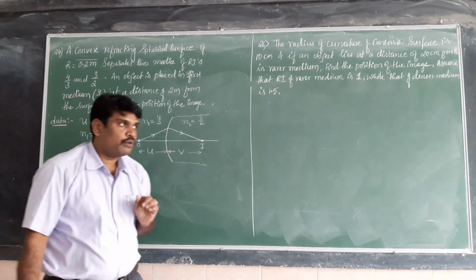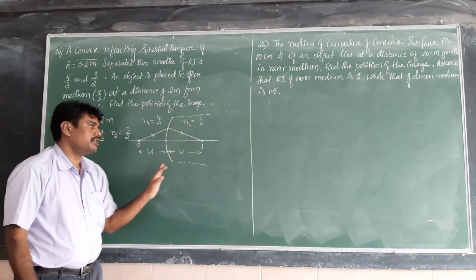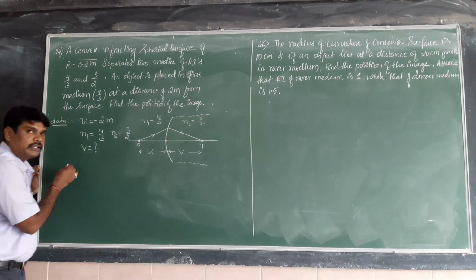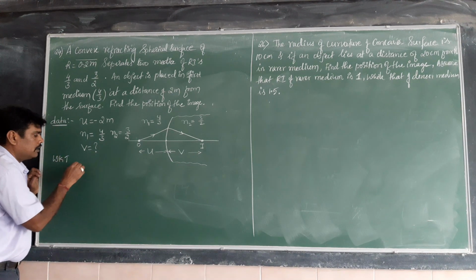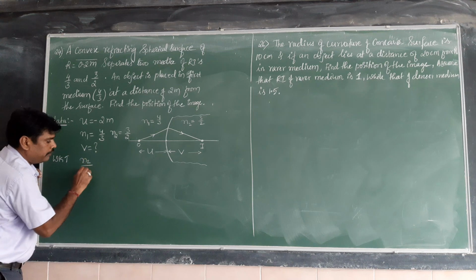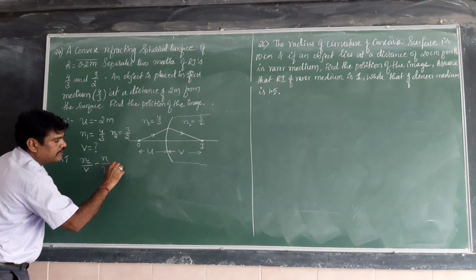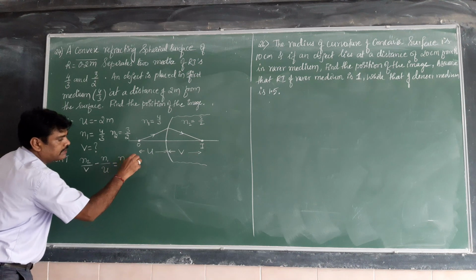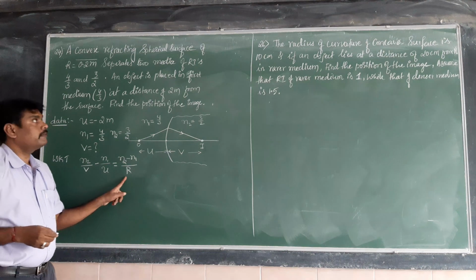For that, we have to use the curvature formula, whose derivation we already did in the theory classes. The formula is N2 divided by V minus N1 divided by U is equal to N2 minus N1 divided by R. R is called the radius of curvature.